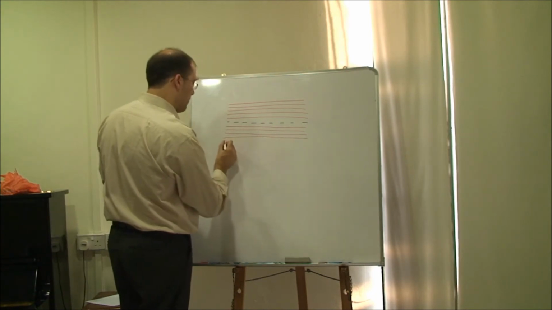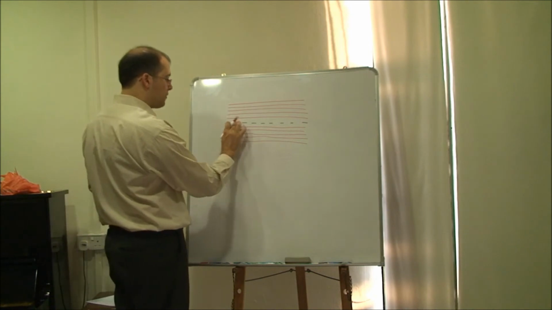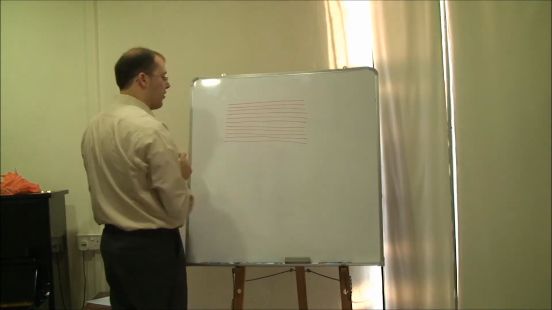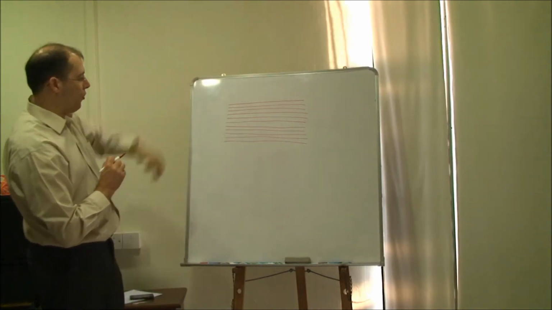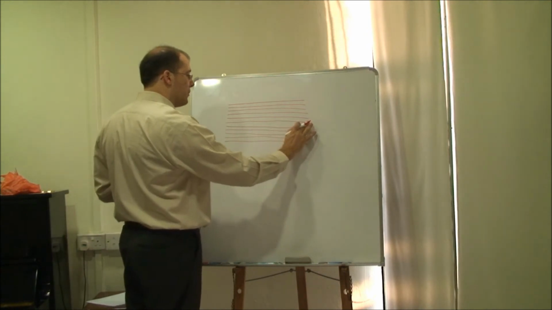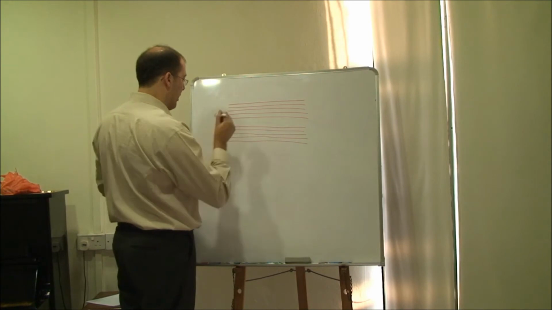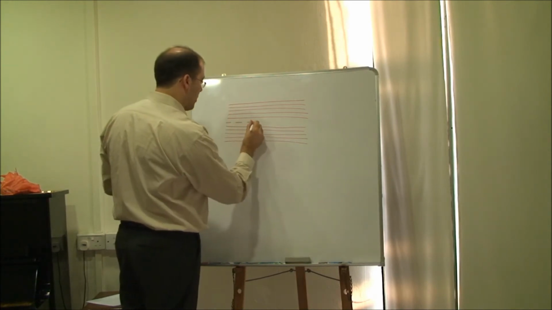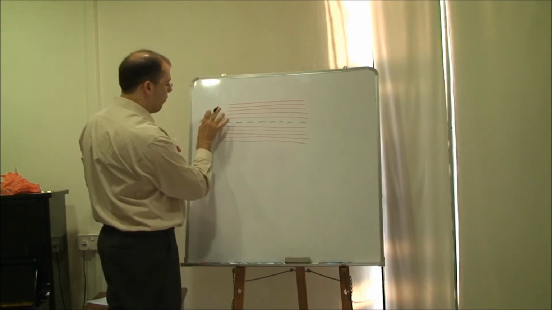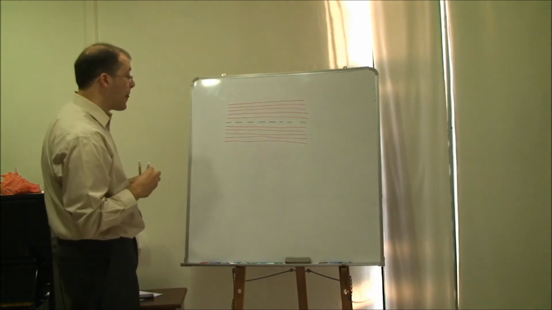But in this case we're just drawing them all as if they were one big staff. And you can imagine there is a line going down the middle here. So you have the whole big conglomeration of lines. Now of course that would be completely impossible to read, so we're just making a little guideline here in the middle, just so you can see where the middle is. So if I've done it correctly, it should be 1, 2, 3, 4, 5, and 1, 2, 3, 4, 5 down the bottom. Okay, great.